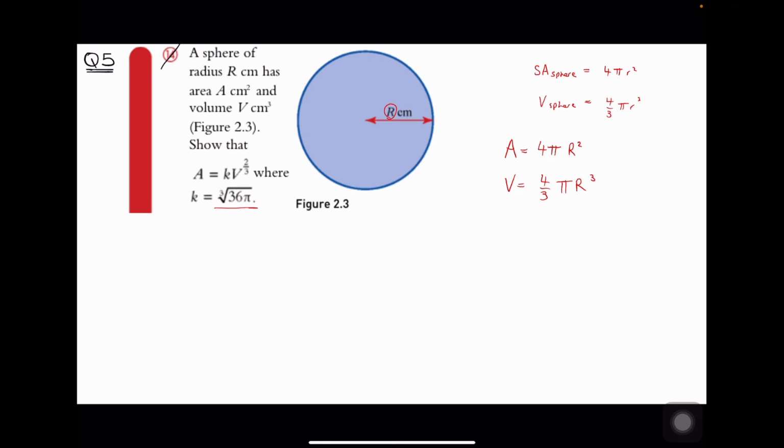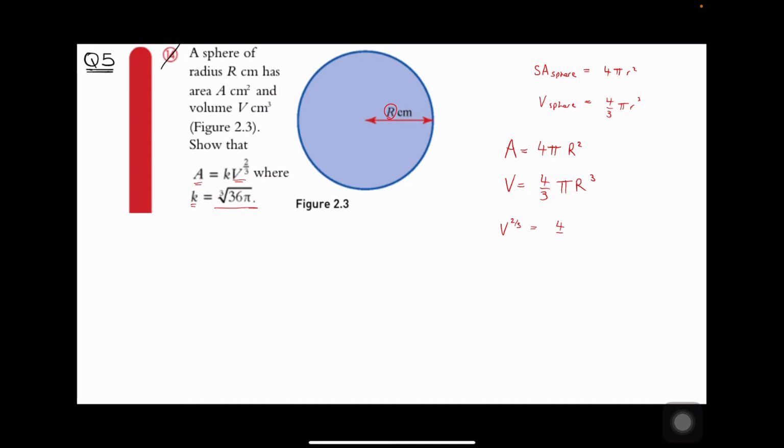Now, it's a show that question, and so we want to work this A out using V to the 2 over 3. So I'm going to write V to the 2 over 3.